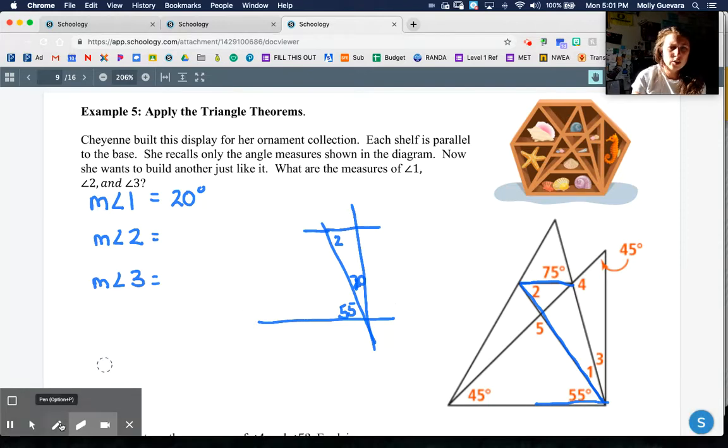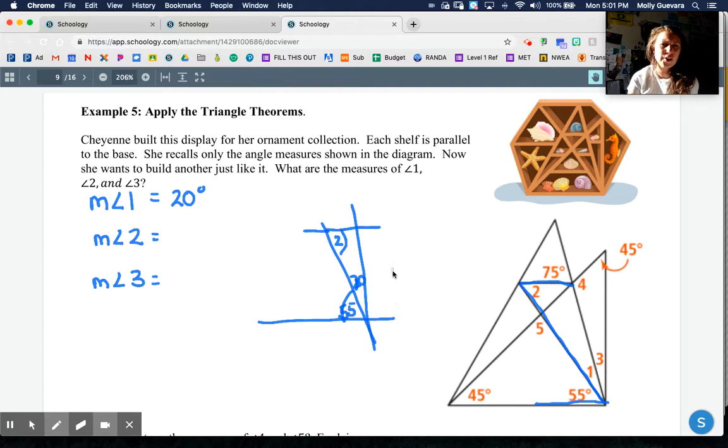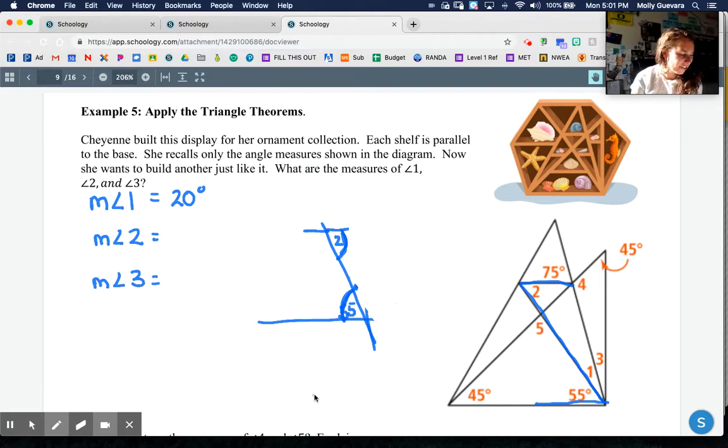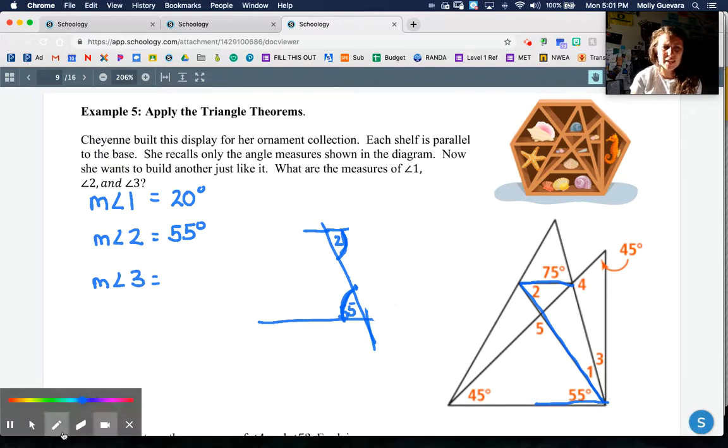Well, angle 2 and 55 are alternate interior angles of each other. So maybe this line is not helping our cause a little bit. So there, maybe that gives us a little bit easier way of looking at it. The angle 2 and 55 are alternate interior angles of each other. So that means that they are the same measure. So angle 2 is also 55 degrees because they are alternate interior angles.